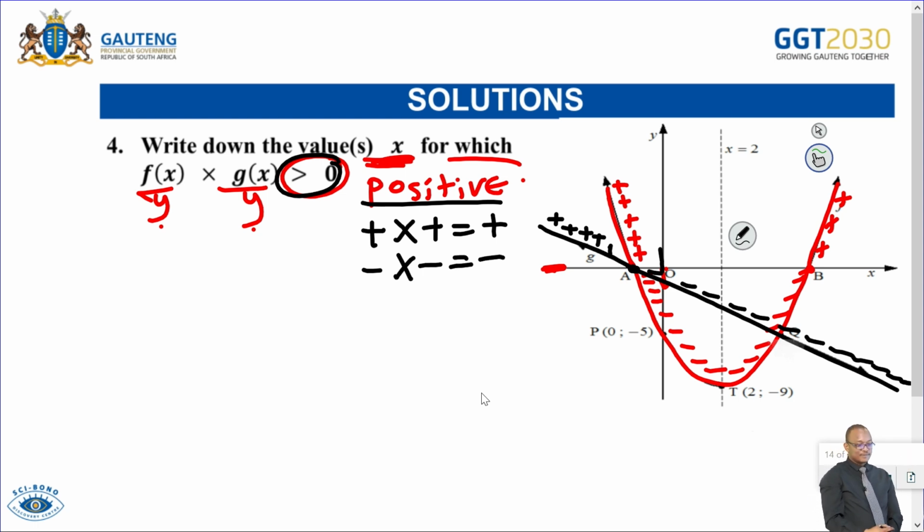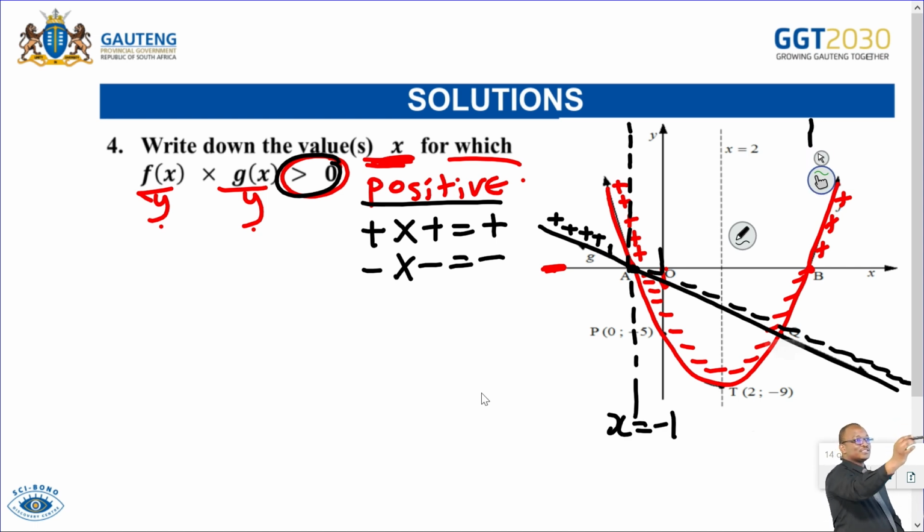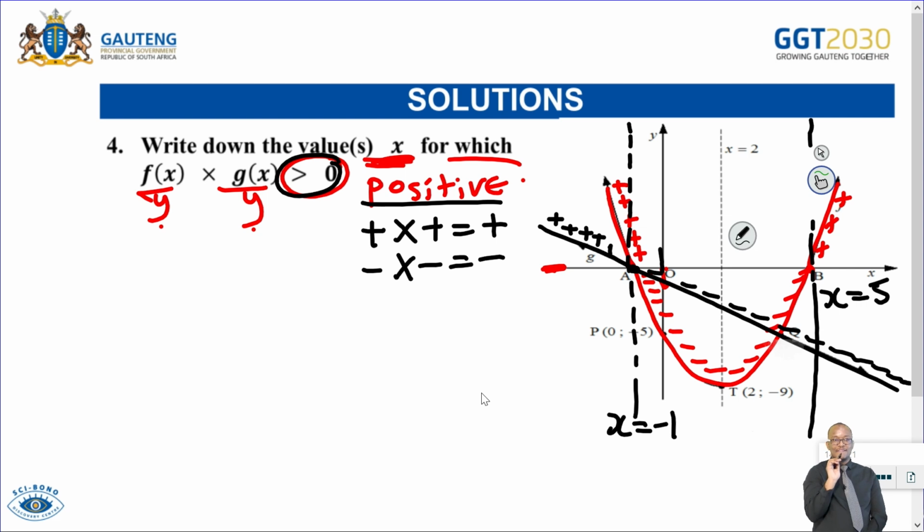So in this case, we have determined the coordinate of A, where x was -1. And here, we determined the coordinate of B, where x was equal to 5. Now you understand the y values. Now, we're looking at the x values.